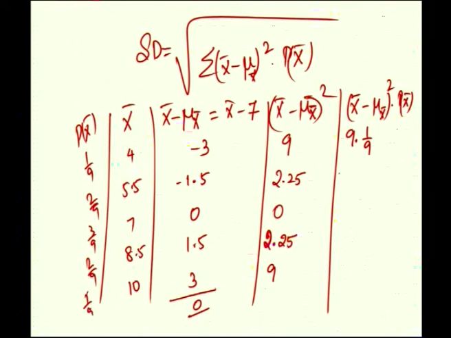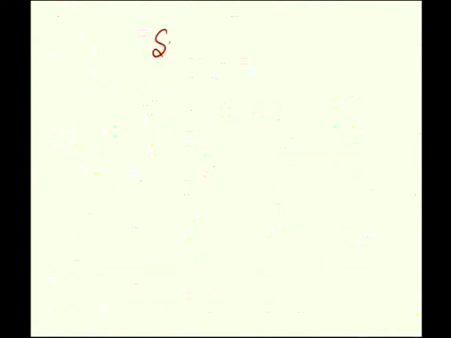So, 9 into 1 by 9, next 2.25 into 2 by 9, 0 into 3 by 9, then 2.25 into 2 by 9, next 9 into 1 by 9. So, this total, standard deviation, comes to be equal to root of 27 by 9, which is equal to root 3. Whereas sigma of population, that is standard deviation of population, is root 6.